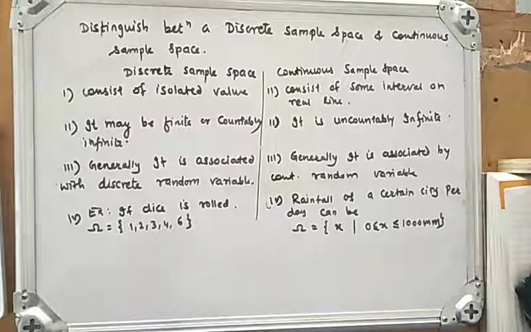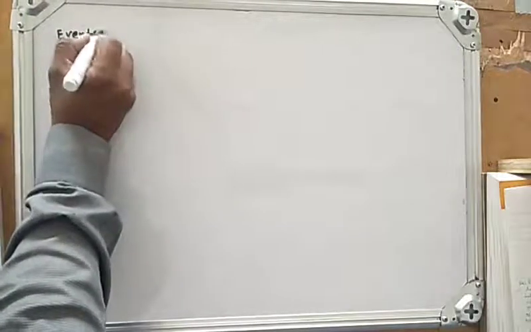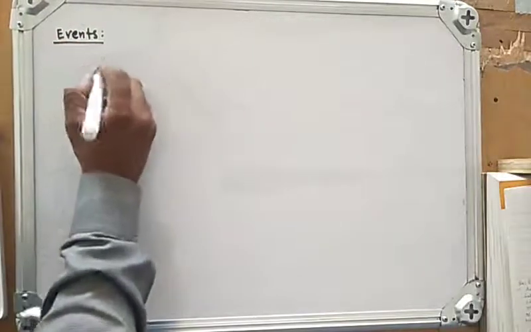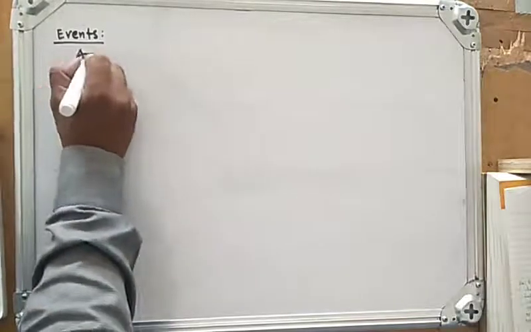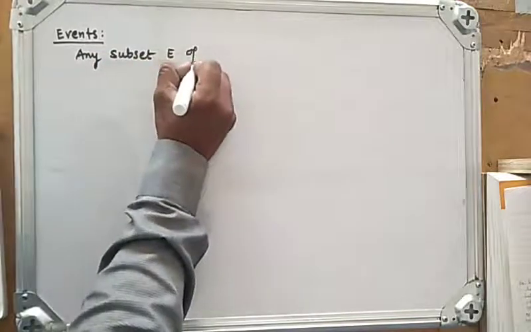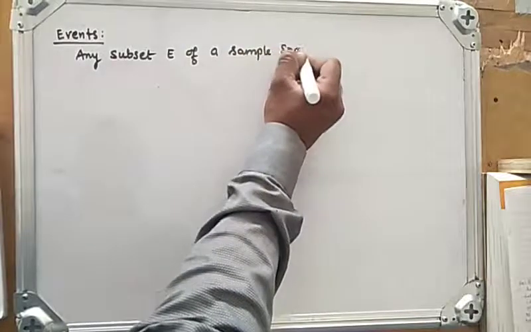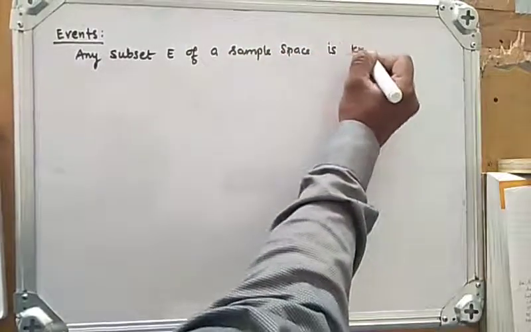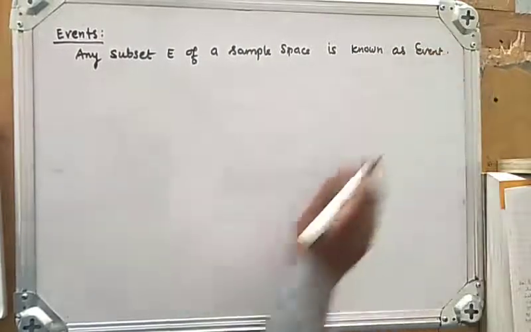Now let's see the next point, which is events. Let's see the definition. Any subset E of a sample space is known as an event.